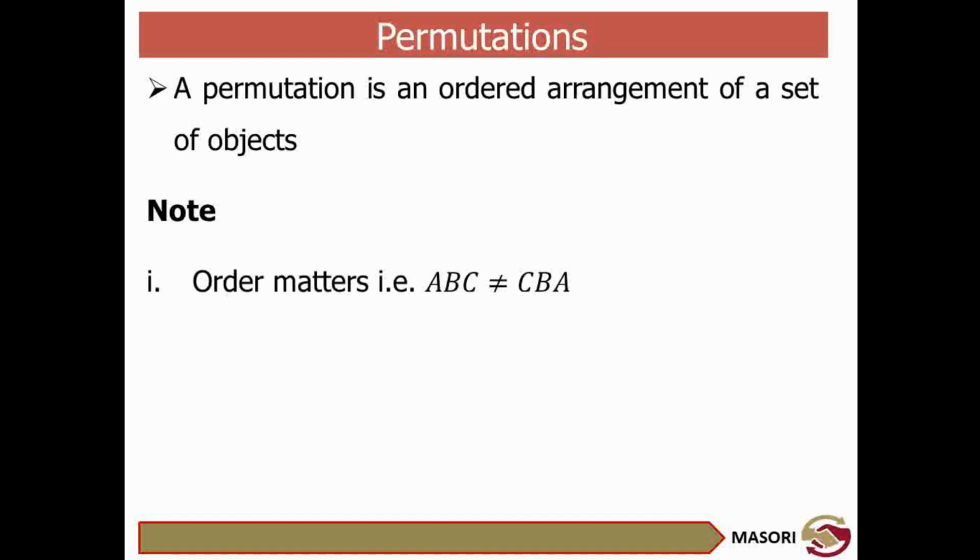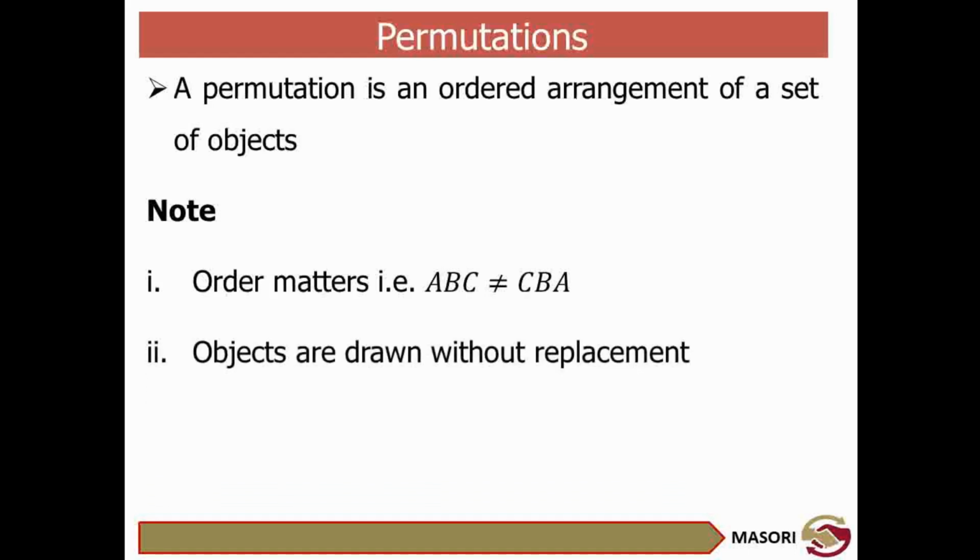Because it's an ordered arrangement of a set of objects, A, B, C will not be the same as C, B, A. So order is very important when you are dealing with permutations. The other note here is that objects are drawn without replacement. So once you pick an object, you are not going to put that object back where you picked it from.